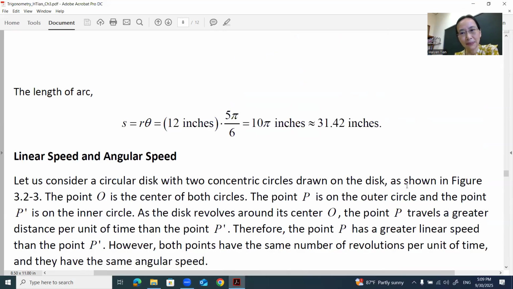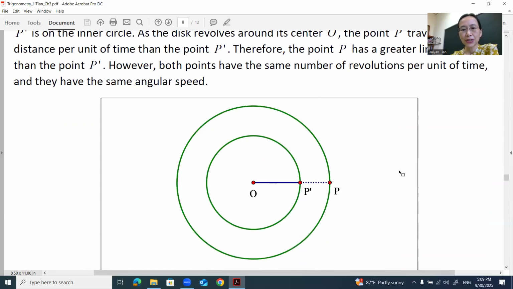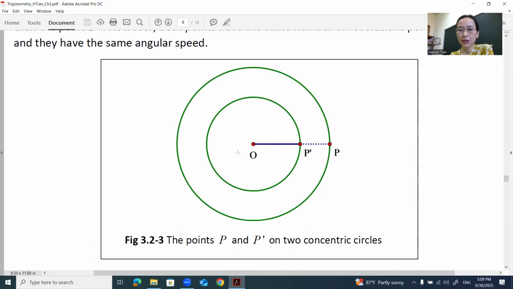Now, the next application is linear speed and angular speed. Let me show you a picture. On this picture, you see two concentric circles. The center is labeled as O. Imagine you have a disk, and suppose we draw the center of the disk and label it as O. And then we draw two concentric circles on the disk.